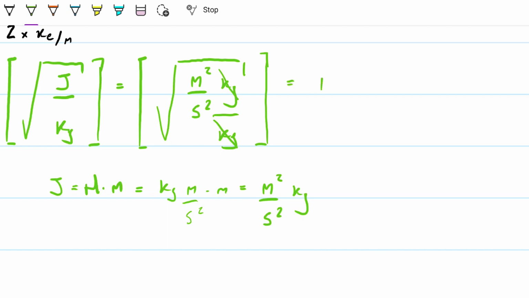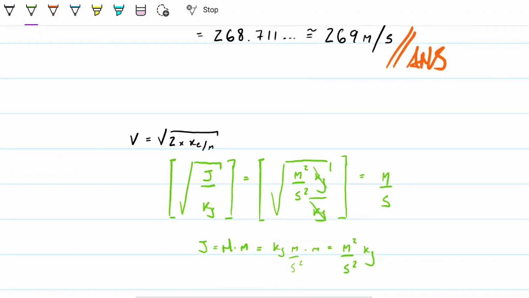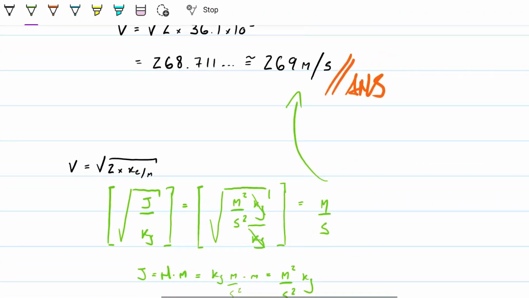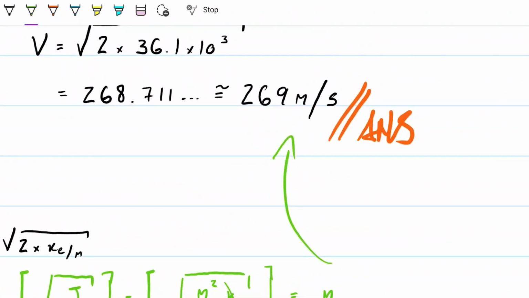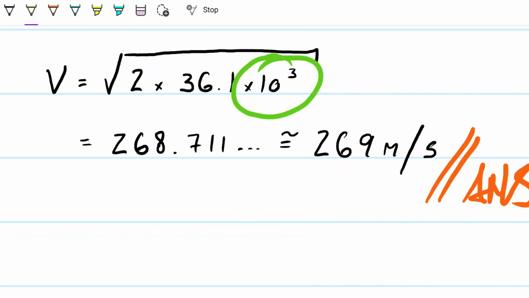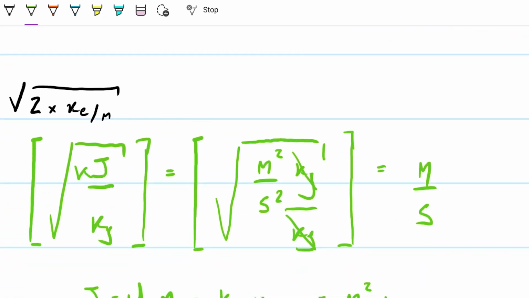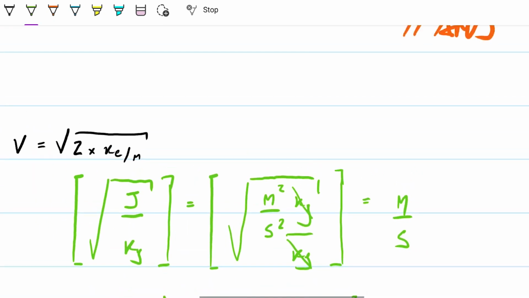So obviously this is meters per second, which is exactly the unit of velocity we're looking for. And this is actually quite important, because if you had forgotten about this, if you still had this as kilojoules, that would not work. You would still have a kilo here, so that would not work.